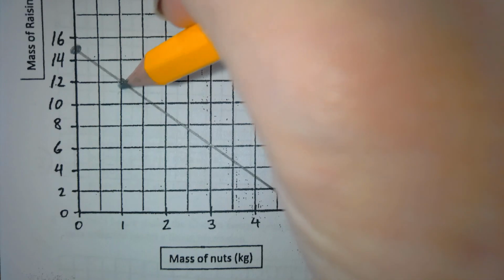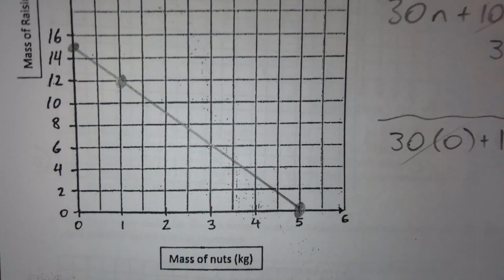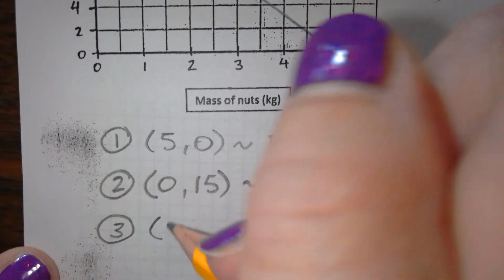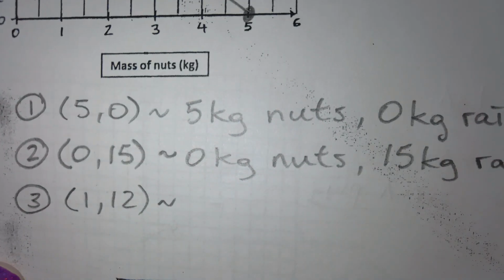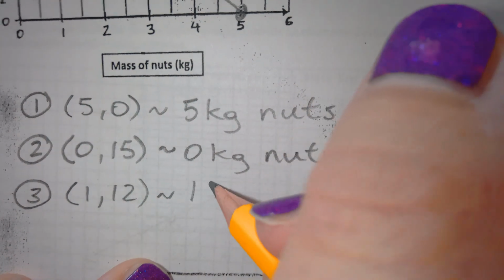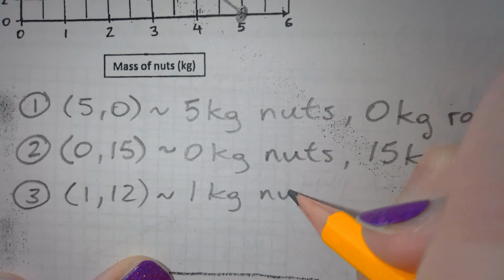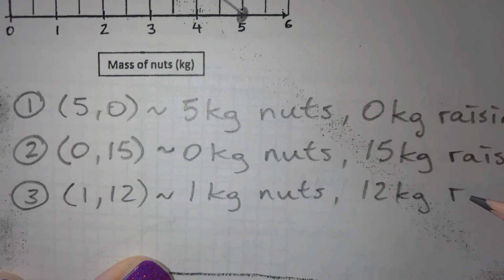What would the coordinate of this point be? 1 and 12, right? So if we follow the same format, 1 and 12 would mean 1 kilogram of nuts and 12 kilograms of raisins. Perfect.